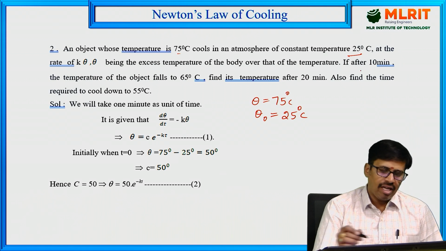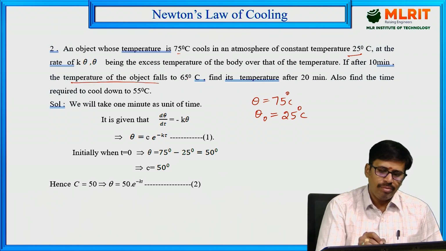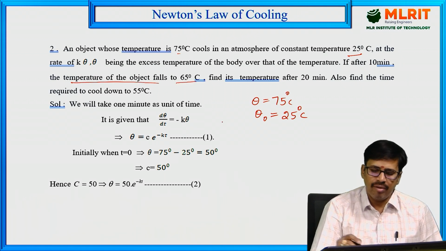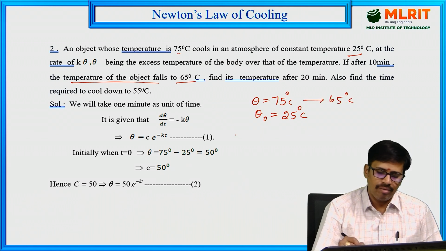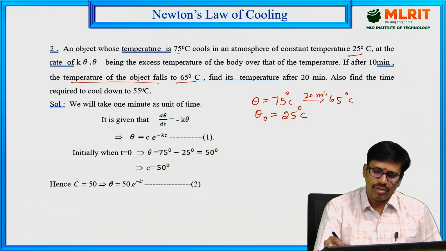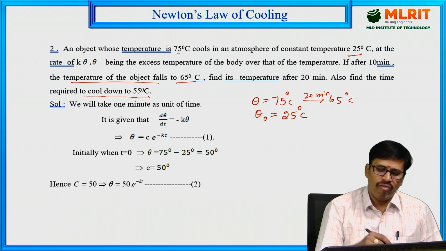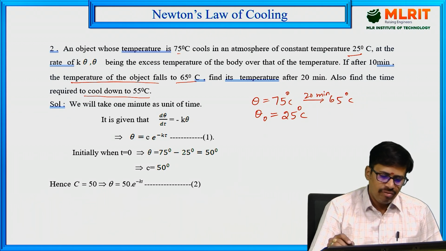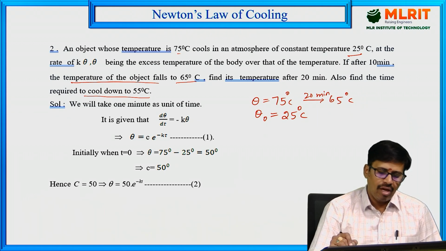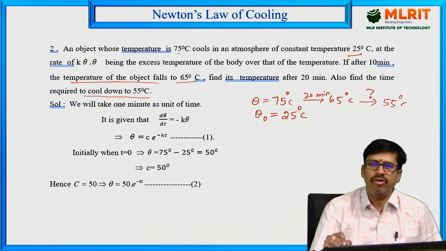If after 10 minutes the temperature of the object cools down to 65, that is 75 to 65 degrees centigrade, it cools down after 20 minutes. Also find the time required to cool down further to 55 degrees centigrade. In how much time will it be further reduced to 55 degrees centigrade? This time we have to find.